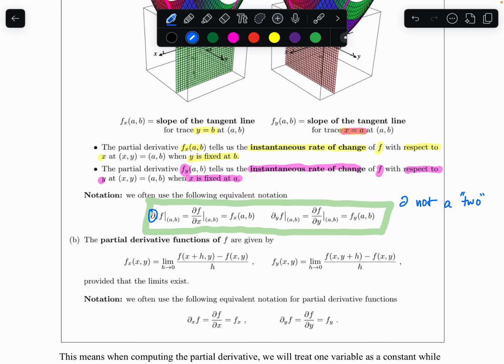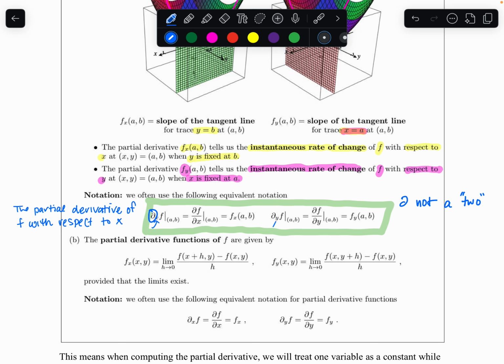Right? And what this means in words is this is the partial derivative. Still derivative. Sometimes I forget to say partial. Of f with respect to, for this one, looks like we have an x.